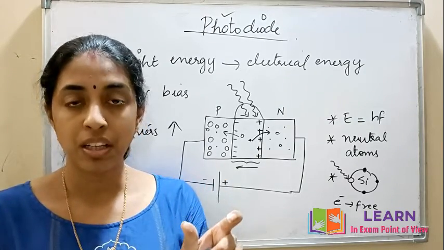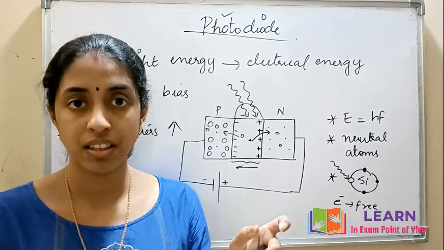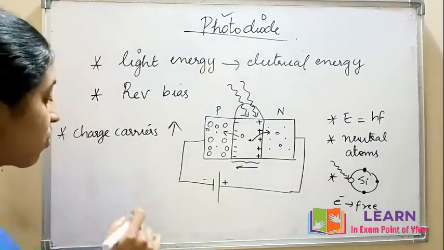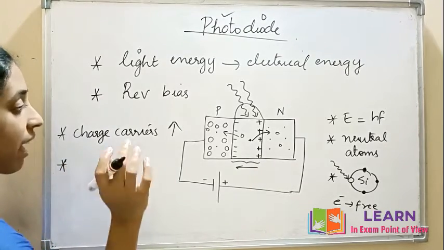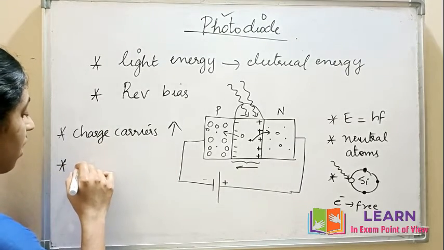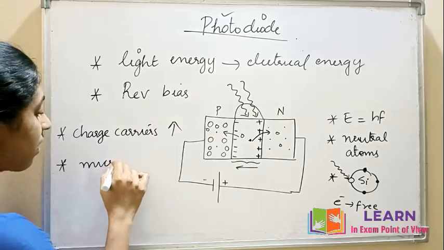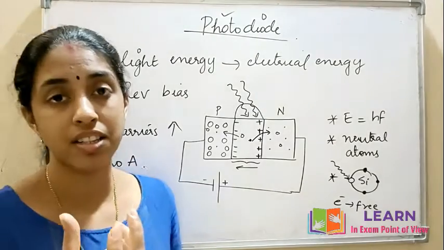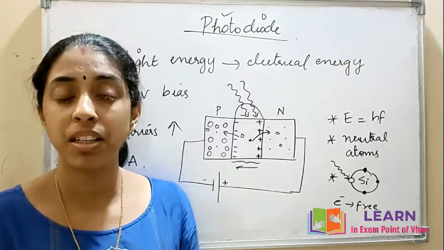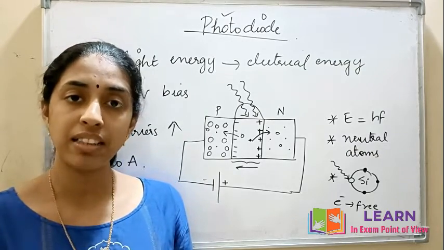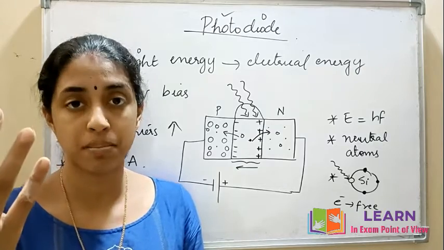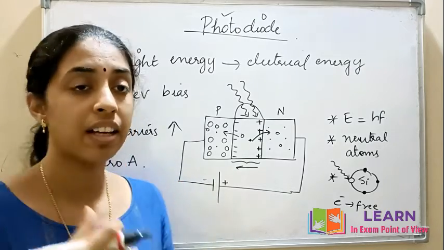Remember, in normal reverse biasing, the current is due to minority charge carriers, a microampere current, which is stable. When the light is falling, that stable current suddenly jumps and the current increases.